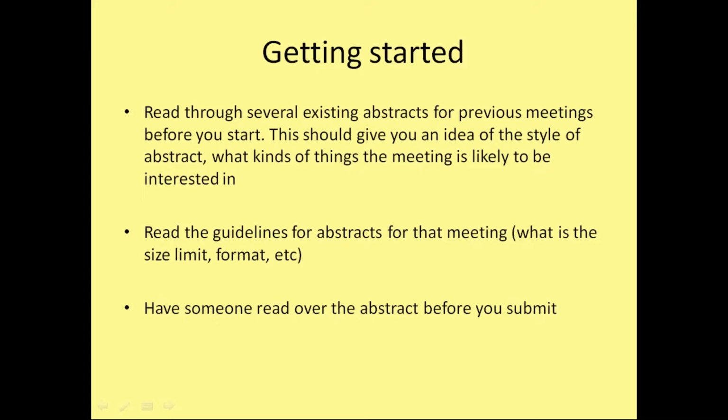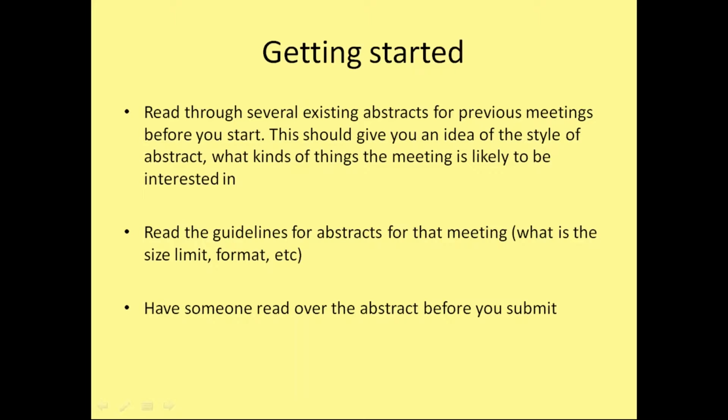Read through any existing published abstracts from previous meetings, so you can look at how people formatted them, but also how much they say or don't say. Even an abstract that gets picked for oral presentation may be a little different from one for a poster presentation.